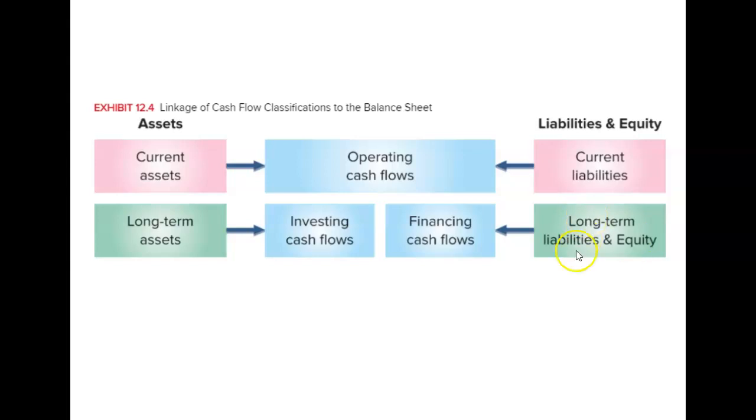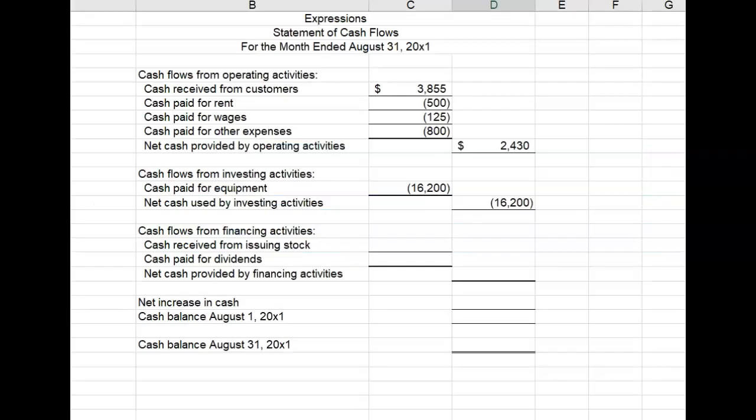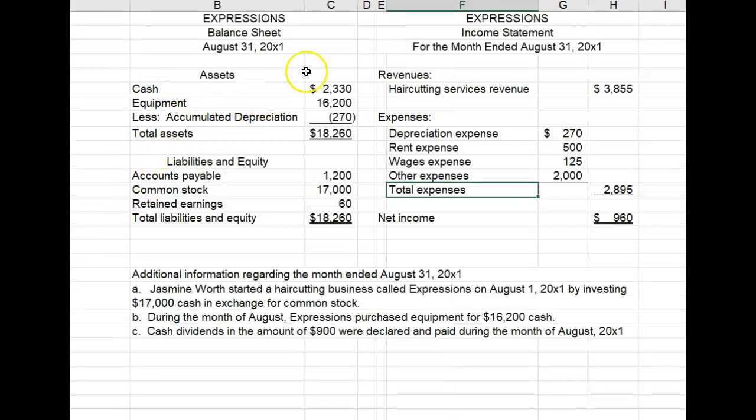So we're going to be looking at the balance sheet for the long-term liabilities and the equity section. And we're also going to look at dividends. In the balance sheet, we don't have any long-term debt at all. The only debt we have is current liability accounts payable, and we've already taken care of that.